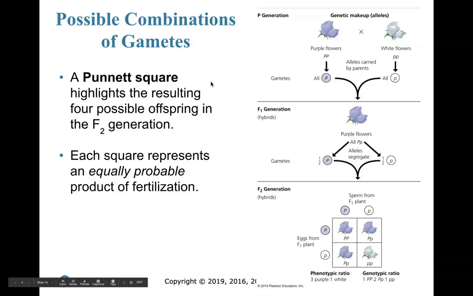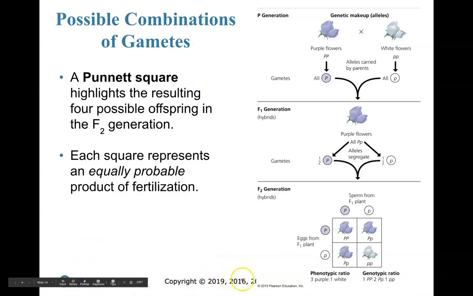So basically Mendel did a Punnett Square analysis, highlighting the different combinations that could occur in the F2 generation. In a Punnett Square, each square represents a probable product after fertilization has occurred.